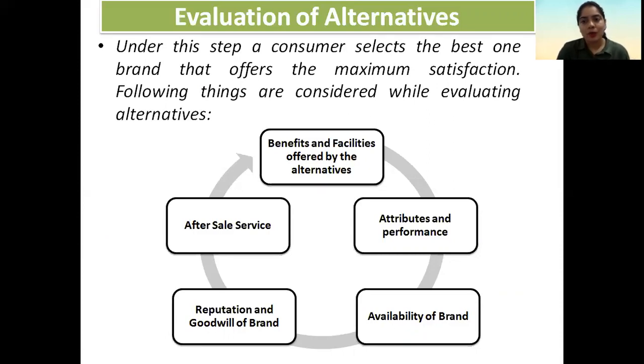And when a consumer evaluates the product, there are some parameters on which he will evaluate the alternatives, such as the benefits and the facilities offered by the various alternatives, attributes and performance, availability of brand, reputation and goodwill of brand, and also the after sales services provided by companies to a consumer.